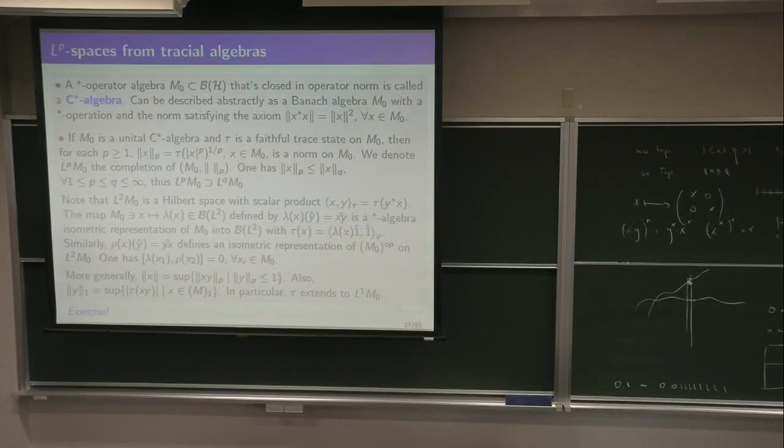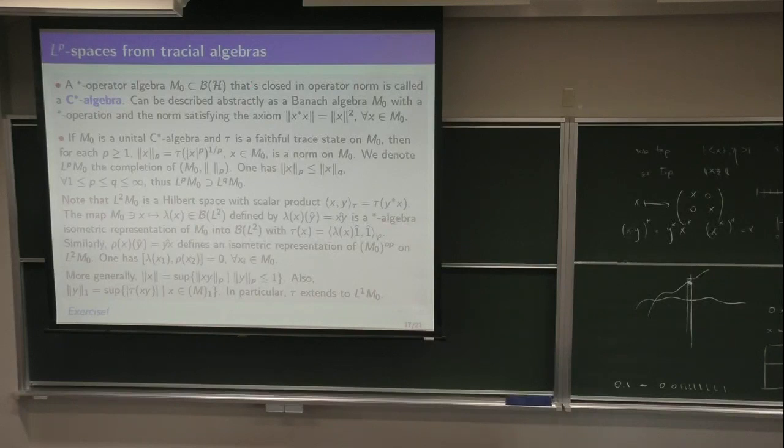The norm satisfies this axiom, which is what we call a C-star norm. Any C-star algebra satisfies that, but conversely, if you have such a Banach algebra, you can represent it faithfully on a Hilbert space as a norm-closed operator algebra.